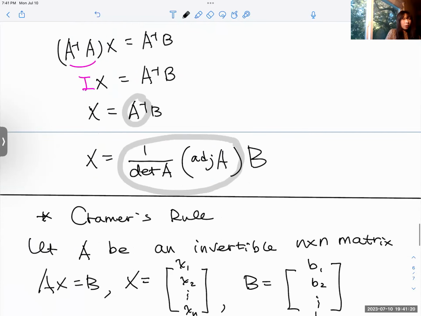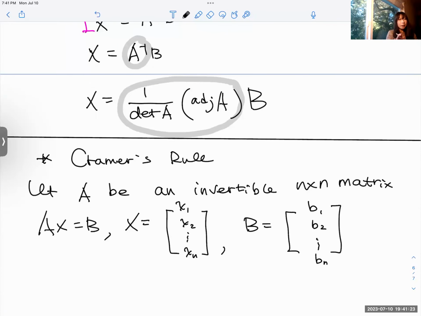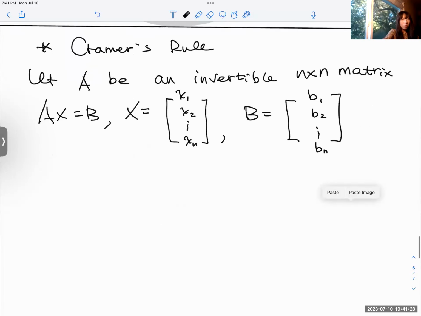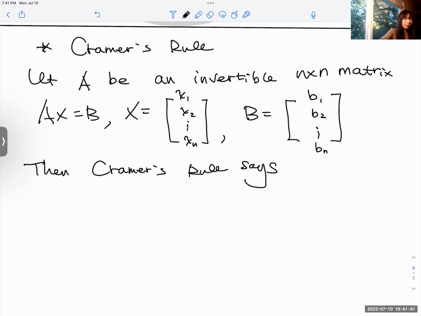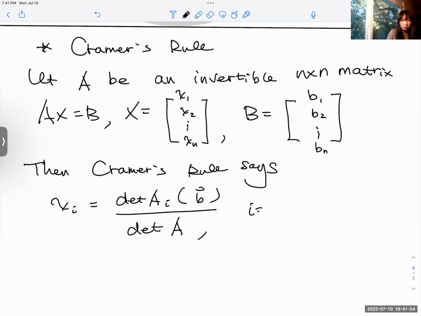Okay, now we are replacing columns in the Cramer's rule setup. X sub i equals determinant of A sub i of B over determinant of A, for i equal to 1, 2, until n, right?